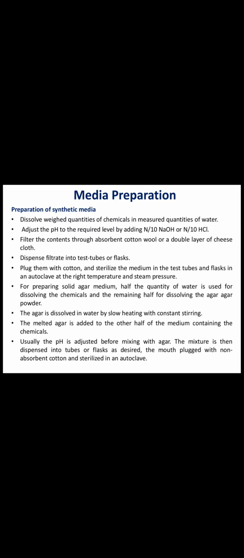The melted agar is added to the other half of the media containing the chemicals. Usually the pH is adjusted before mixing the agar. Then we have to close its mouth with non-absorbent cotton and sterilize again in the autoclave.